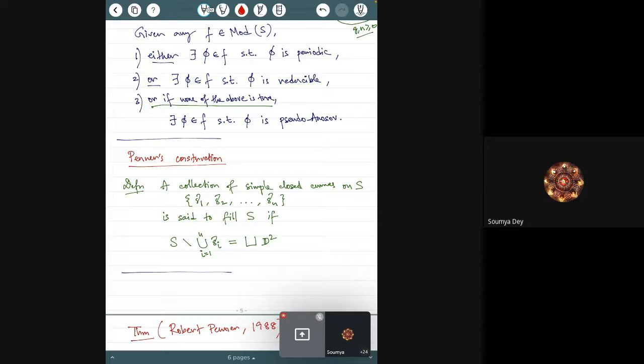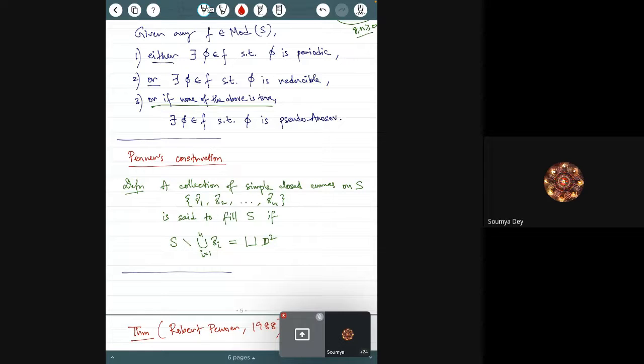They are said to fill S if, when you remove these curves from your surface, whatever is left out is a disjoint union of disks. If such a thing is happening, then you say that this collection of curves fills your surface S. The definition is clear, right?